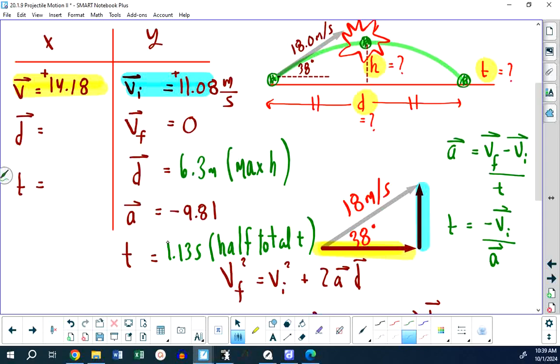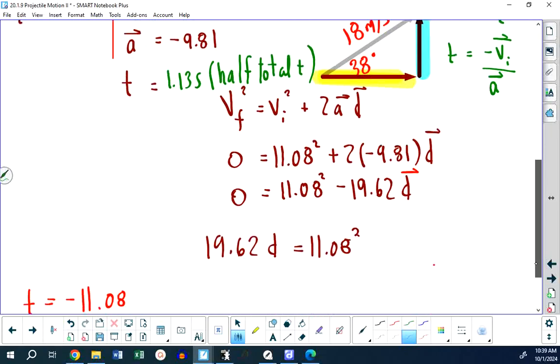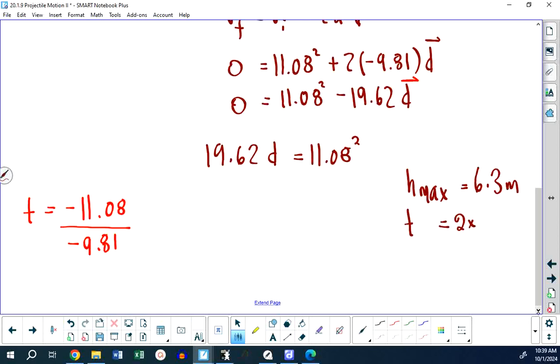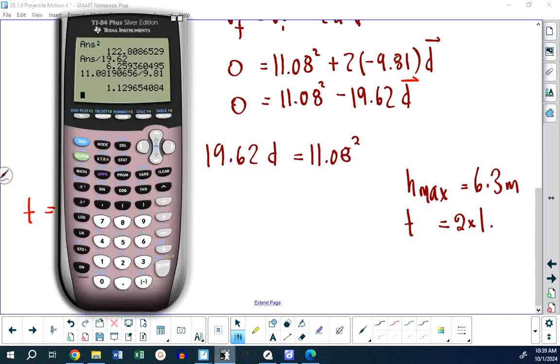The question did ask, what's the total time that the ball is in the air? So what we're going to do is multiply that number by 2, and then we will have an answer for that part of the question. So far we have the maximum height is 6.3 meters. The total time will be equal to 2 multiplied by 1.13 seconds.